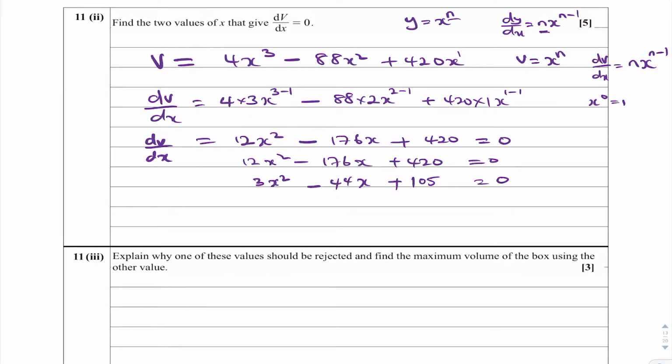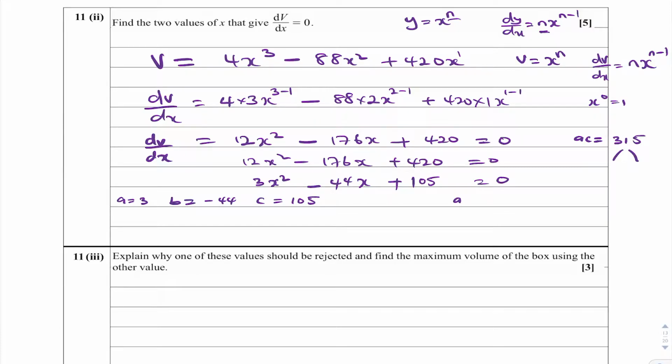Now, to factorize this, the best thing to do is to apply the factorization process where a equals 3, b equals minus 44, and c equals 105. 3 times 105, that's AC. AC is 315, and it's a plus.